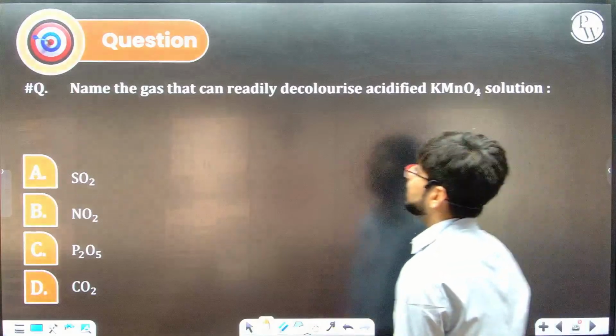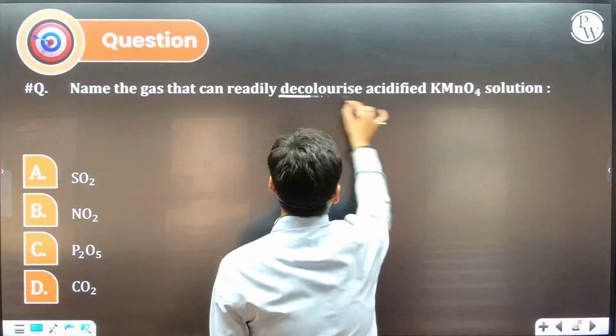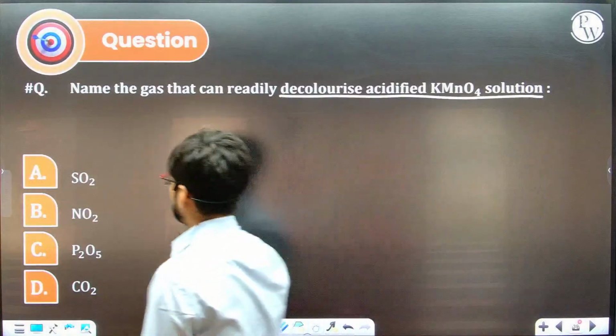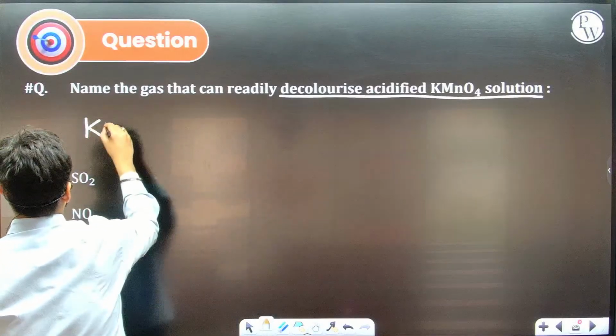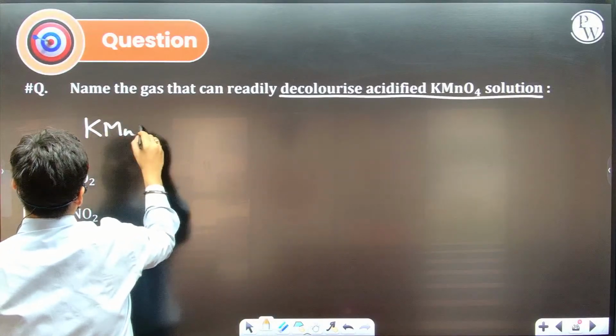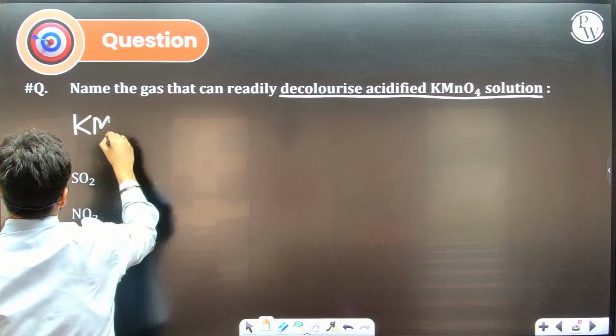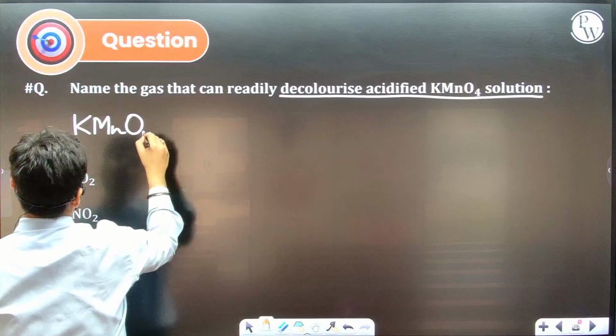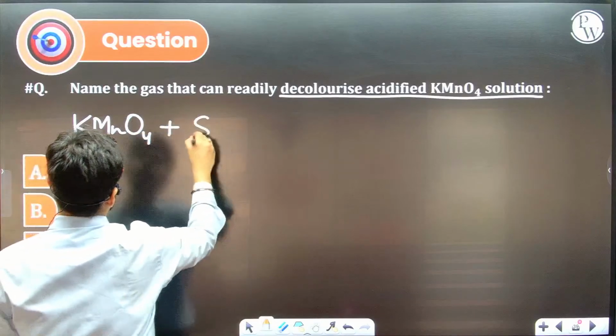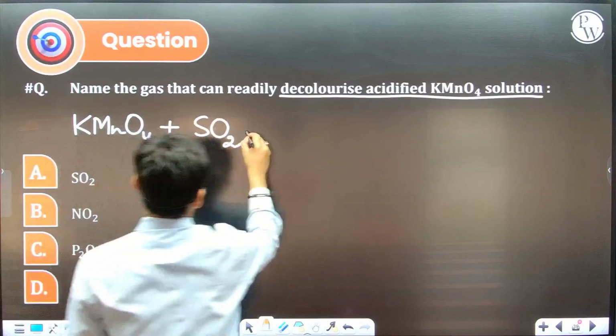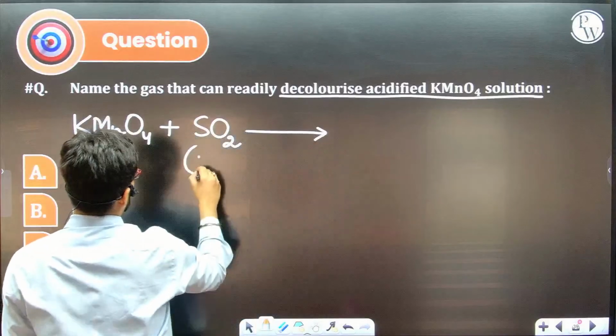Name the gas that can readily decolorize acidified KMnO4 solution. Just now we discussed that KMnO4 and K2Cr2O7 are good oxidizing agents. So if KMnO4 is acting as an oxidizing agent, then some other species must act as a reducing agent.